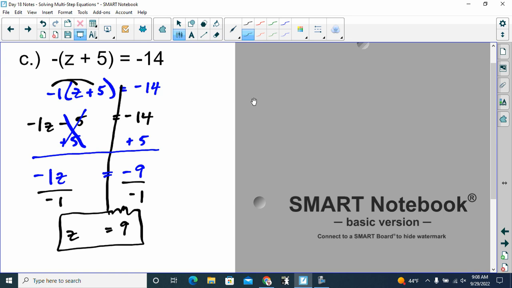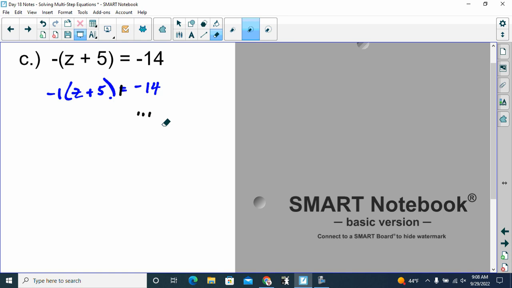There's multiple ways you could do this problem. This one we worked through as a multi-step equation with a number out front that I could distribute. Another way we could do this, I'm going to go ahead and leave that negative 1 right there. We could think of this as z plus 5, and then times negative 1, because we do the parentheses first, so z plus 5 first, and then times negative 1.